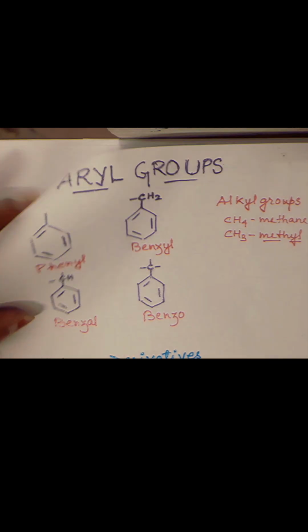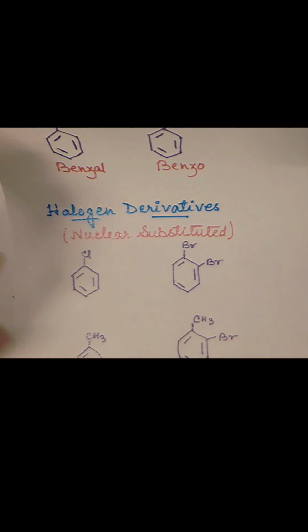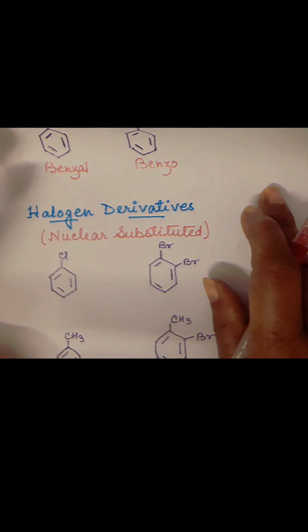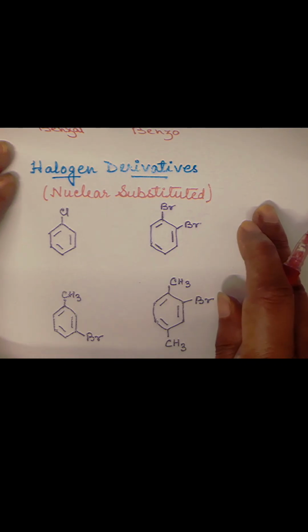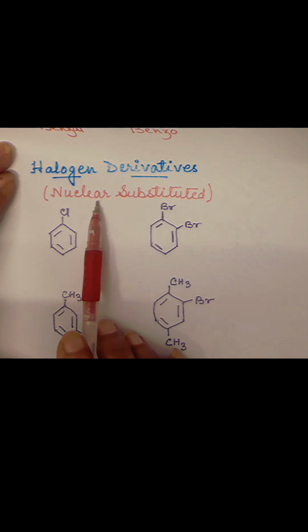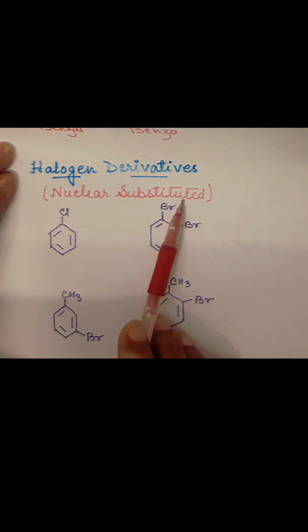Now moving further, here we have halogen derivatives of aromatic hydrocarbons. Halogens are fluorine, chlorine, bromine, iodine. You see I have also written nuclear substituted. What do I mean by nuclear substituted?